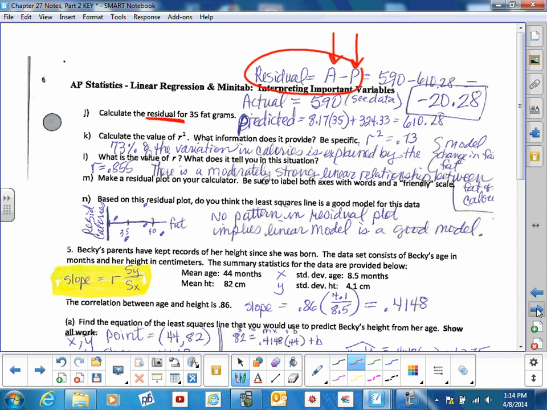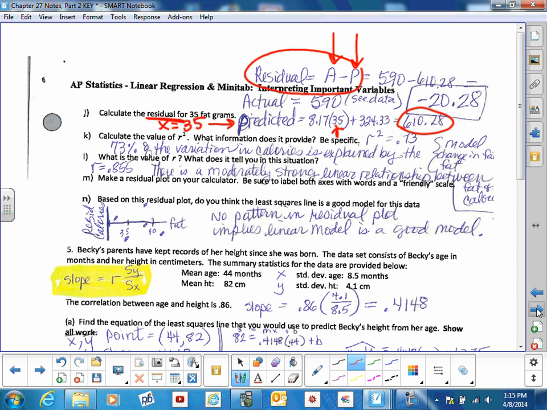That is your X value, and that's the actual X value. So let's go plug that in and see what's predicted. Here I'm going to plug 35 into the prediction equation, and I get 610.28 as the predicted amount of calories if you have 35 fat grams in that food.